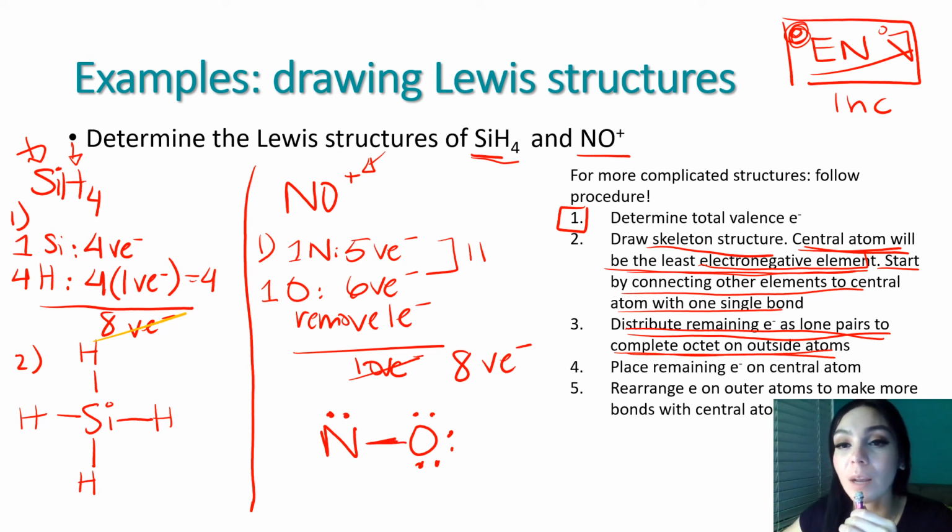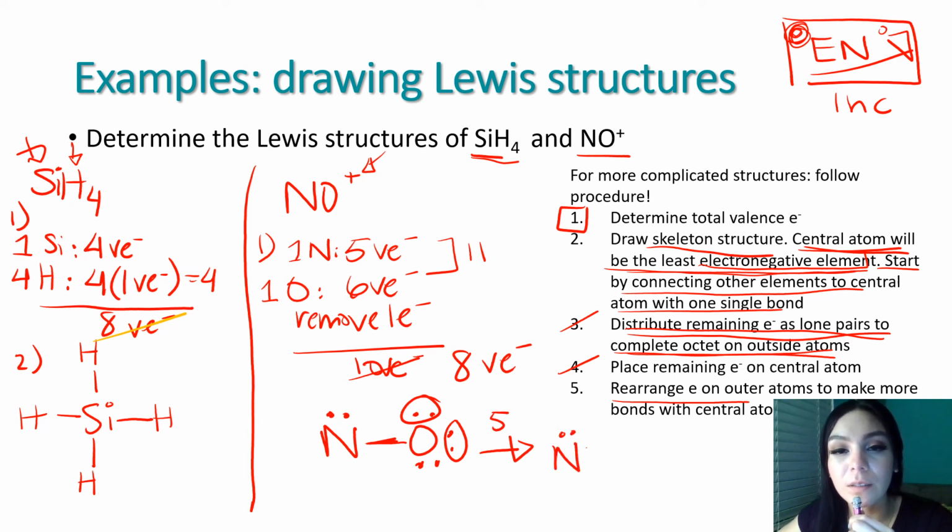So it's definitely not happy. So what do you have to do? So we've done all of these steps right now. What we have to do is rearrange our electrons on our outer atoms to make more bonds with the central atom. So we are going to move 2 of these right here to be bonds instead of lone pairs on that oxygen. So for step 5, this is what we do.